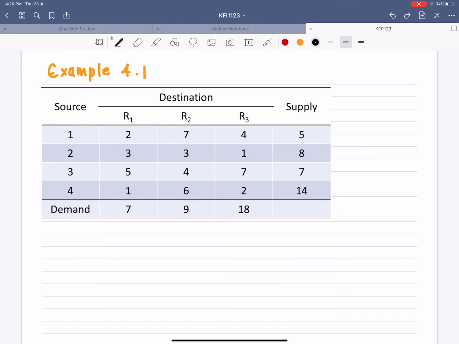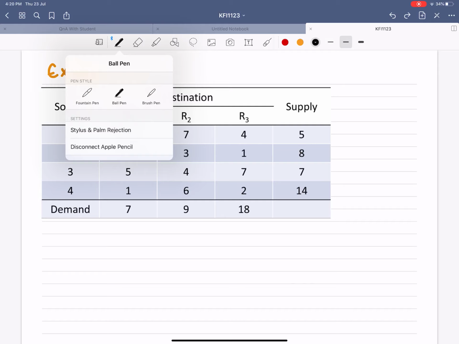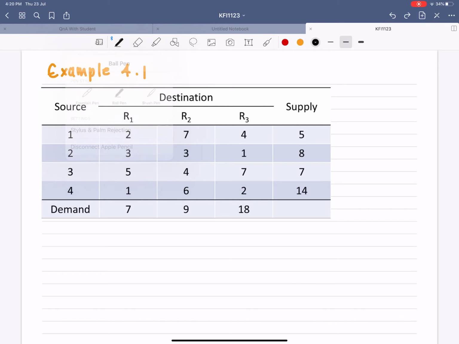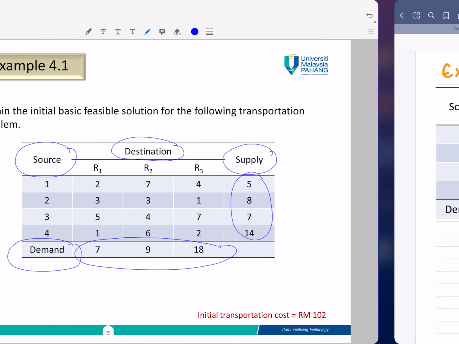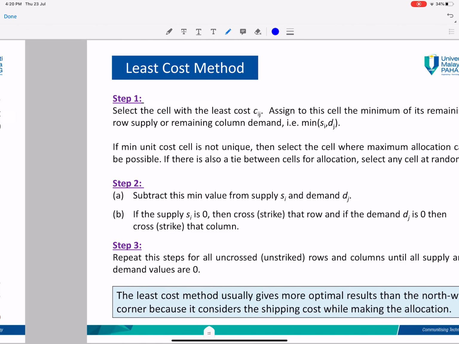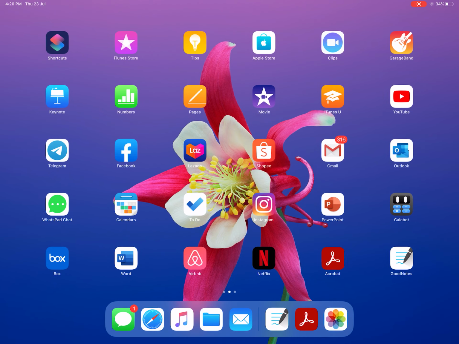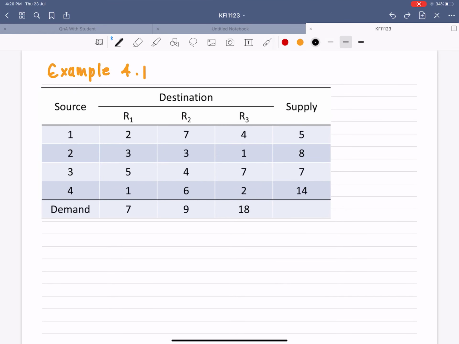So this is the table that you have. First of all, you need to check whether the total demand equals the total supply.